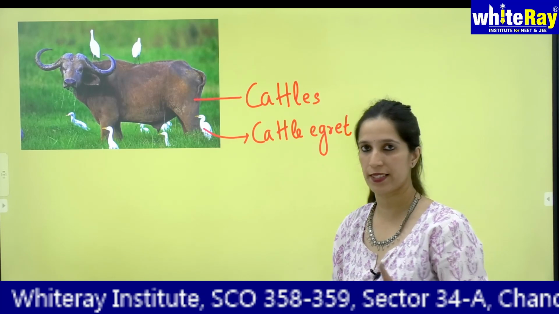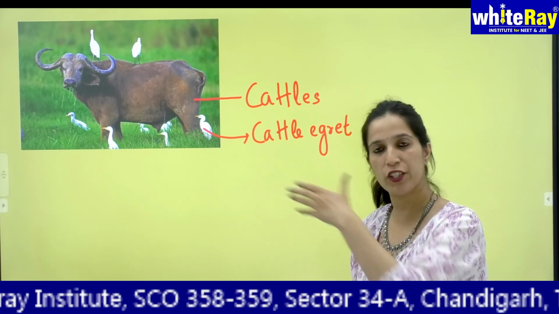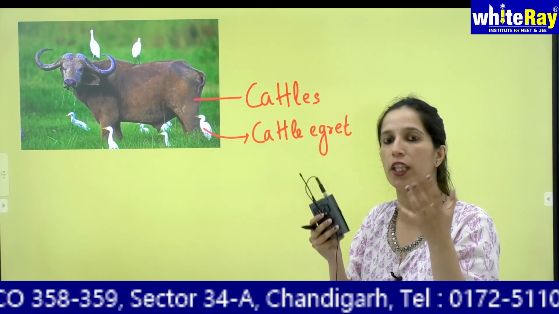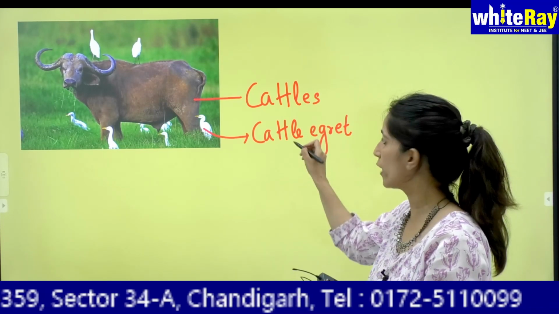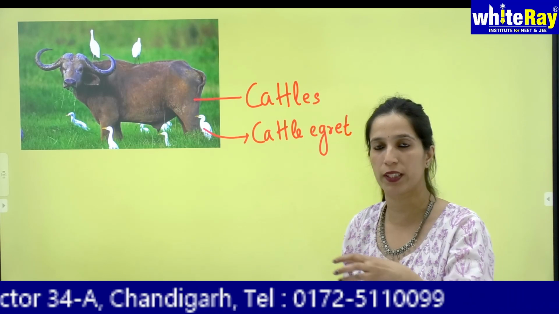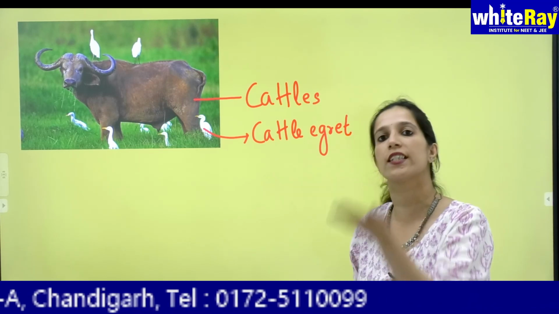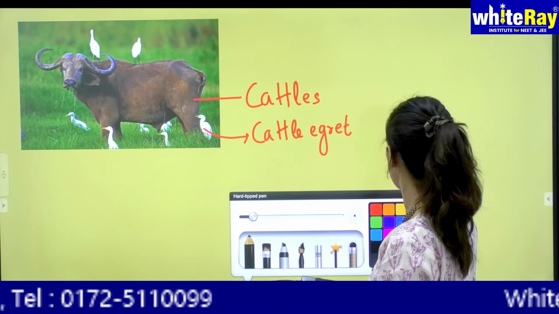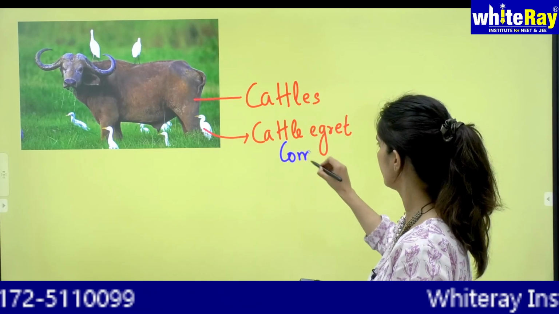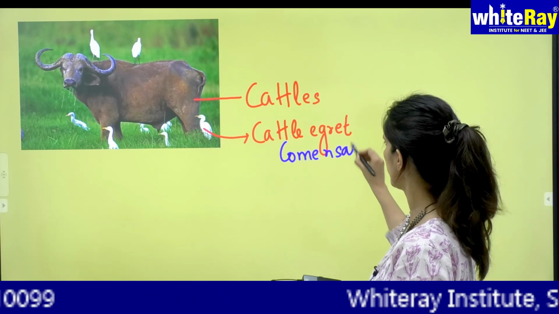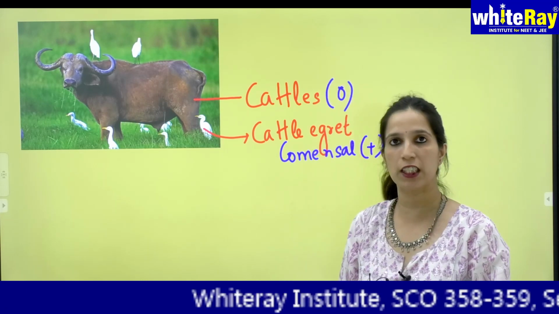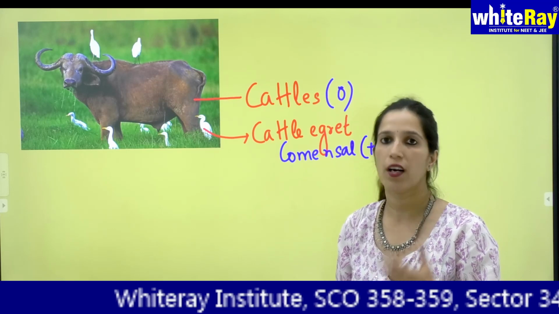So what happens is, जब cattle vegetation पे चलती है, it stirs up the vegetation and flushes out all the insects. तो ये insects जो cattle egret को ऐसे ढूंढने में मुश्किल होता, cattle के चलने की वजह से they easily get their food. So in this case, the cattle egret is the commensal. So it is positively benefited. On the other hand, cattle is neither benefited nor harmed.